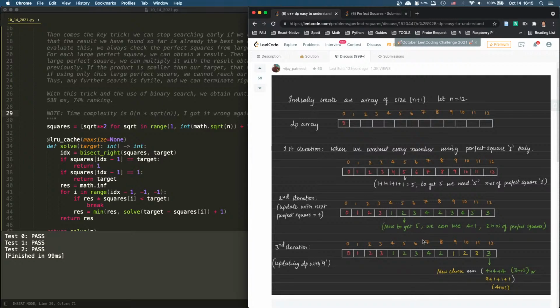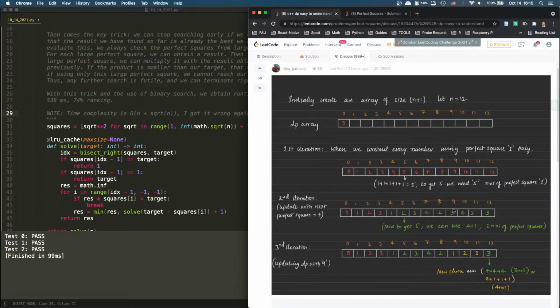Now, if we do 9, we can start from 9 again. We can do remainder, so we do 9, also remainder plus 1.